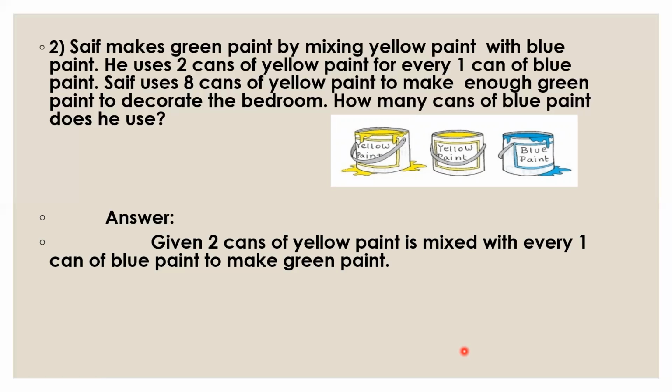So 2 plus 2 becomes 4. There again we are using 1 can. So 4 cans of yellow paint, then it is 2 cans of blue paint. Now 6 cans of yellow paint, then it is 3 cans of blue paint.